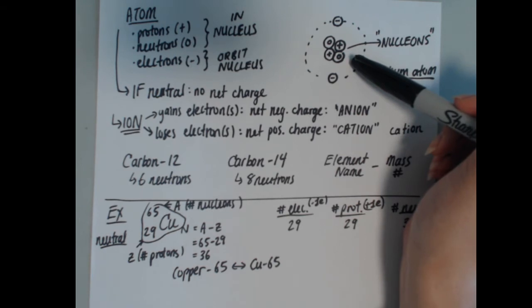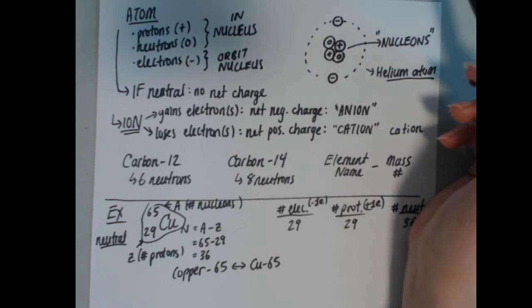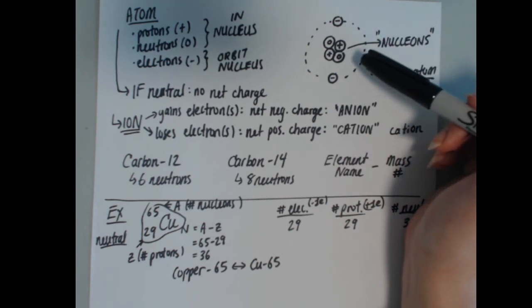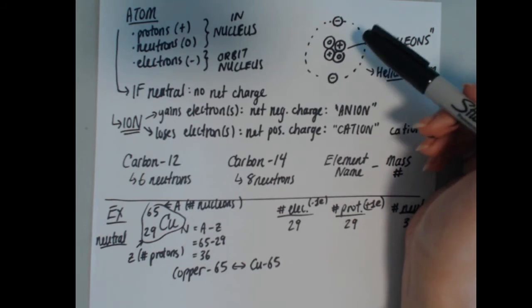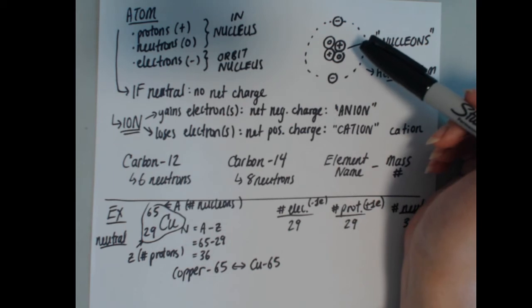Atoms shouldn't exist, and therefore matter shouldn't exist. After all, in the nucleus, we have two positive charges for a helium atom, or if you have an even heavier atom like silver or gold or platinum, it's going to have even more protons in the nucleus, more like charges to be repelled by, so a huge repulsive force.